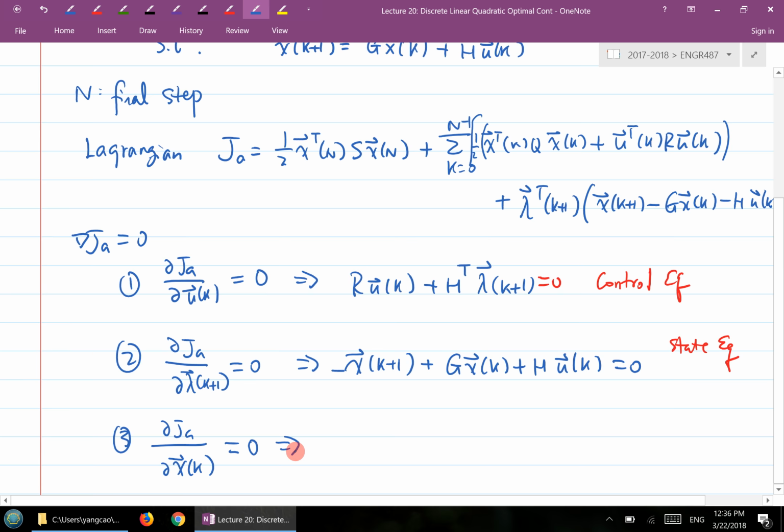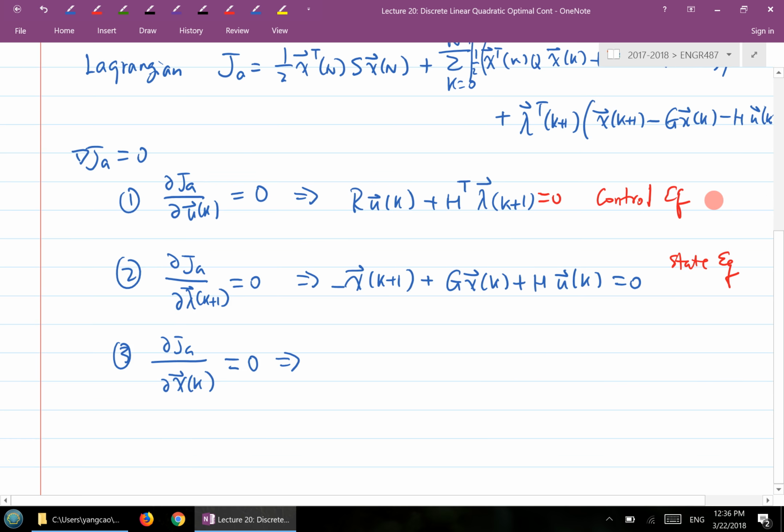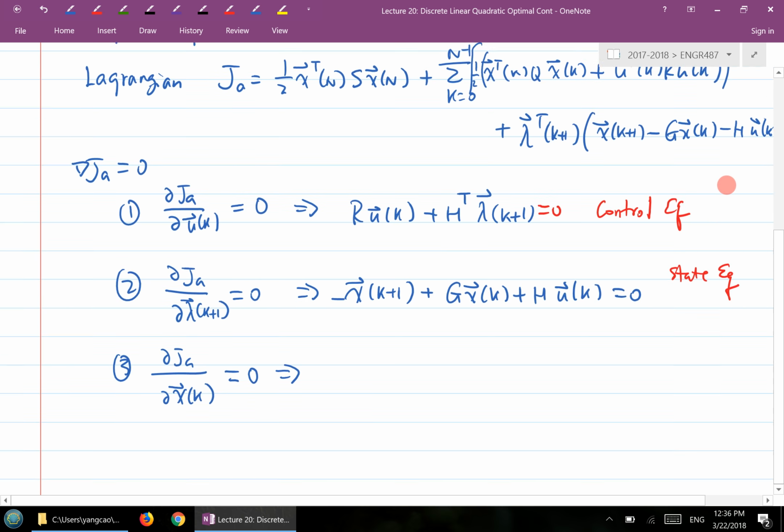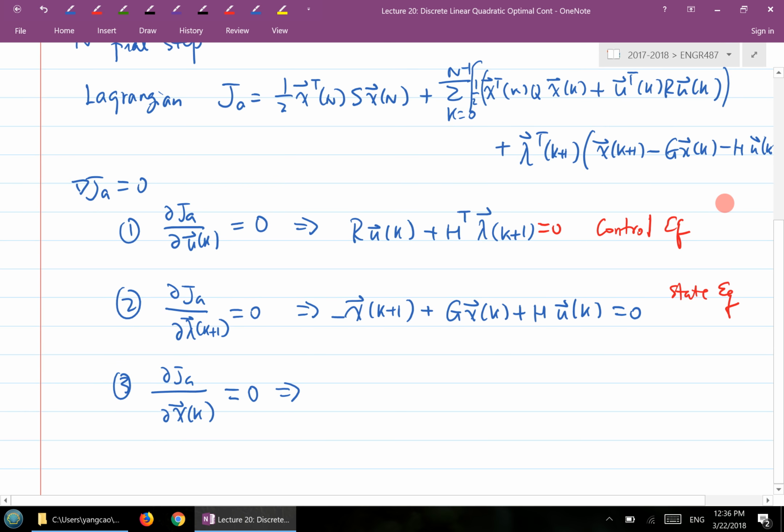Now for this one, I want to go over a little bit the details of how this result is obtained. So let's go back to this Lagrangian function. This is the Lagrangian, so it relates the constraint and the cost function together.